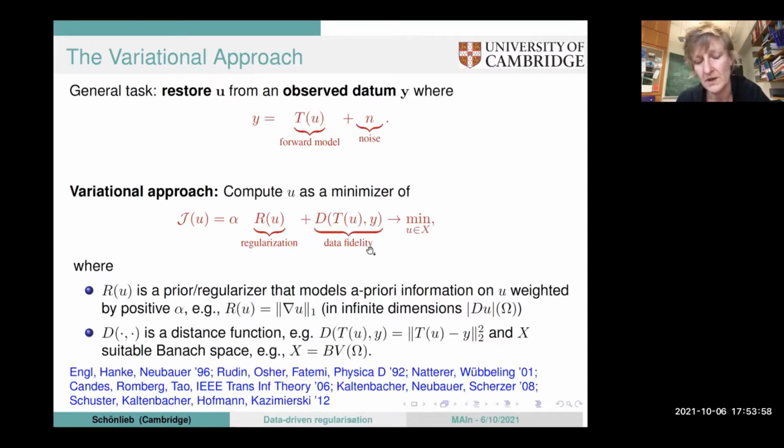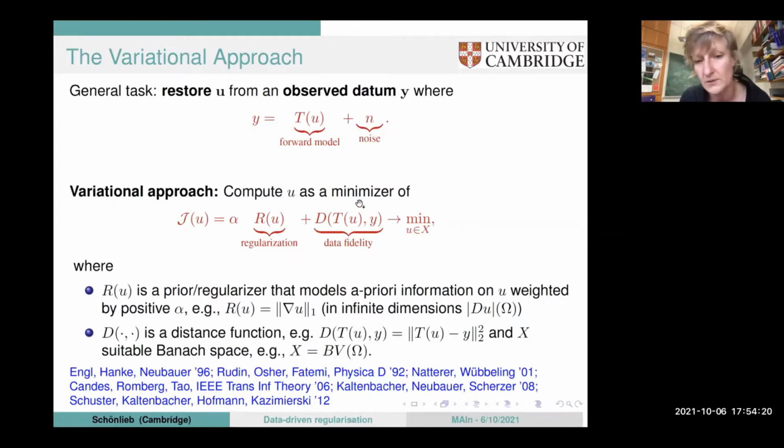One of them is the so-called data fidelity or discrepancy term, keeping my reconstruction U true to the forward model.